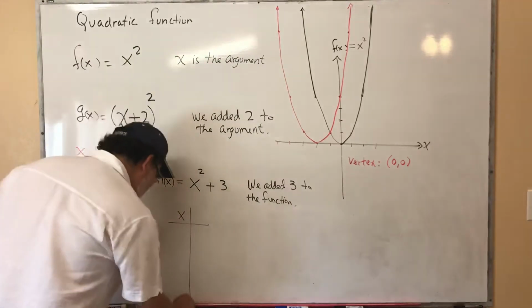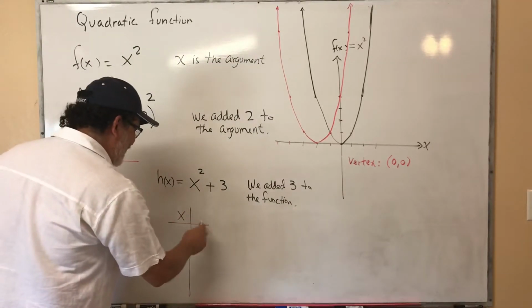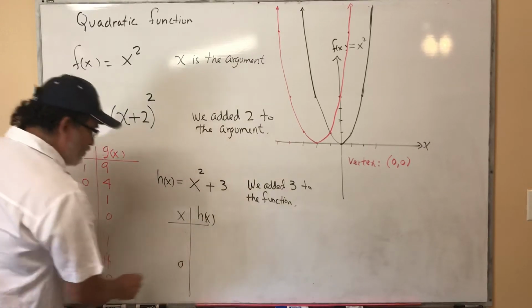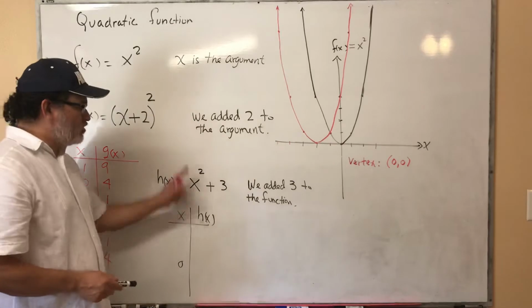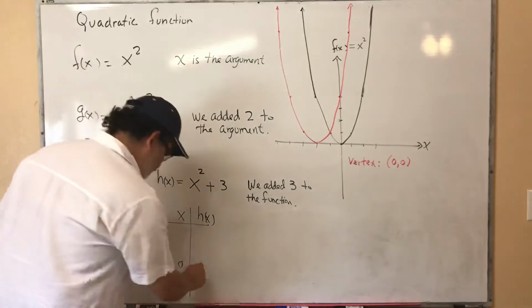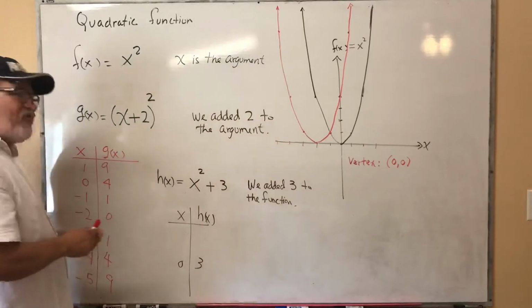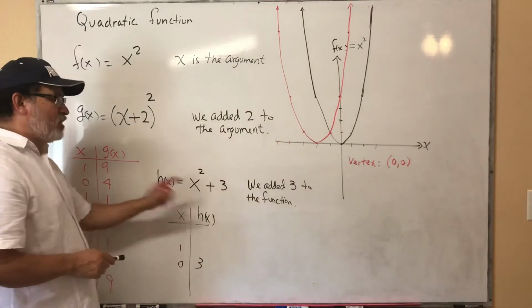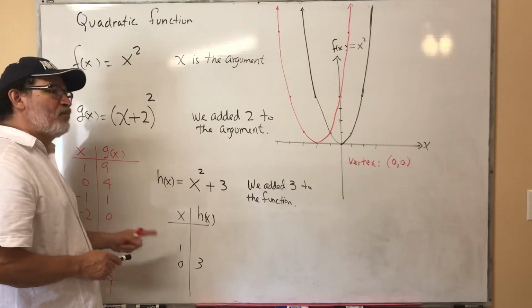X and h of x. If x is 0, what's 0 squared? 0 plus 3, 3. If x is 1, what's 1 squared? 1 plus 3, 4.